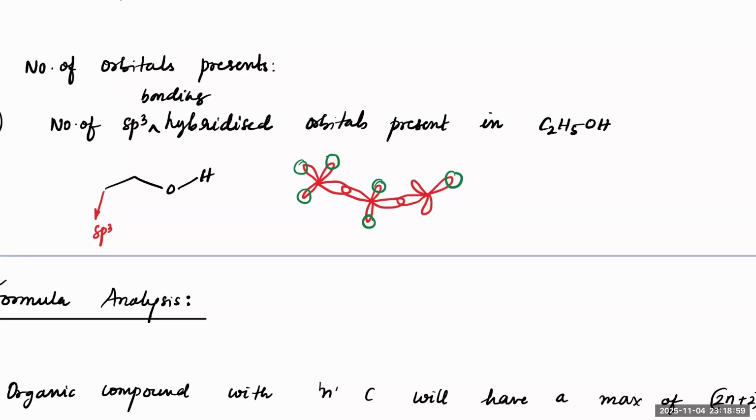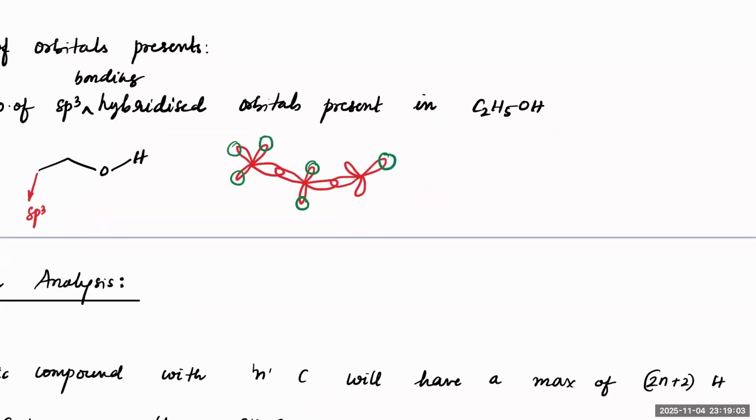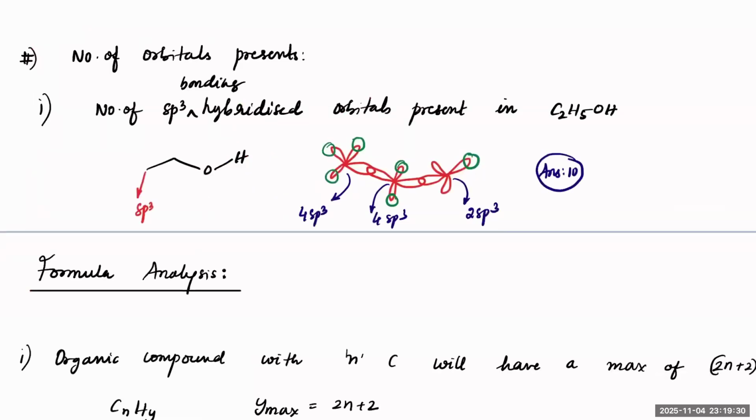So these are all the hybridized orbitals. If we count it now, this carbon has 4 sp3 orbitals, this carbon has 4 sp3 orbitals, which are bonding kind, while this oxygen has only 2 sp3 bonding orbitals, and the other two are basically non-bonded orbitals. So in that case the answer would be 10. Correct. So we have 10 sp3 bonding hybridized orbitals, everybody.